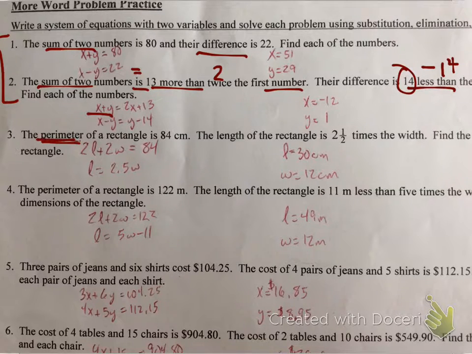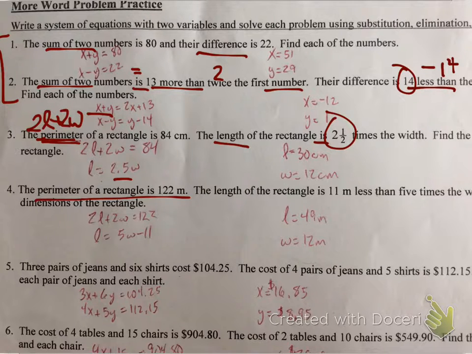Perimeter problems, always remember, when you see the word perimeter, you're writing 2L plus 2W, or 2x plus 2y, whatever. Length L equals 2.5, that would be 2.5W. I actually lean to this one being more like number 4, where it says the perimeter, 2L plus 2W, equals 122.